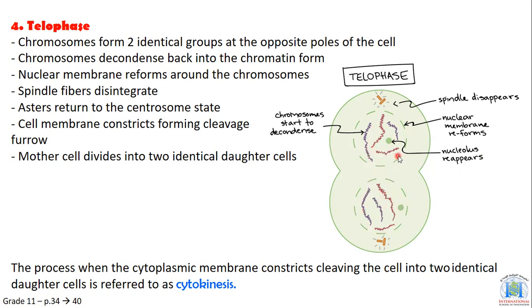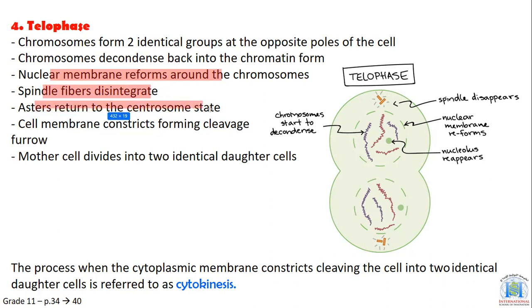Now, the membrane of the nucleus, we lost the membrane of the nucleus during prophase. It disappeared. Now it will reappear. So the nuclear membrane reforms, so it reappears. The spindle fibers disappear.